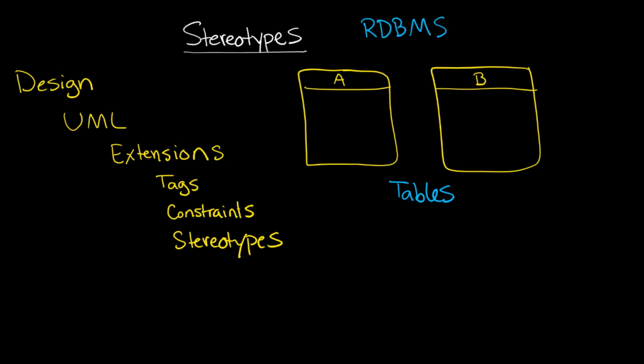So if you have some sort of table here, a table A and a table B, and we're talking here about a relational database management system, you will want to, and very often actually do, have multiple columns. And say you have an ID here and an ID here.